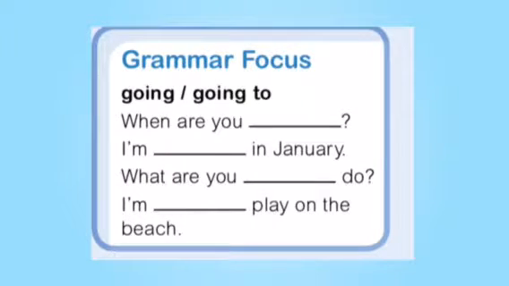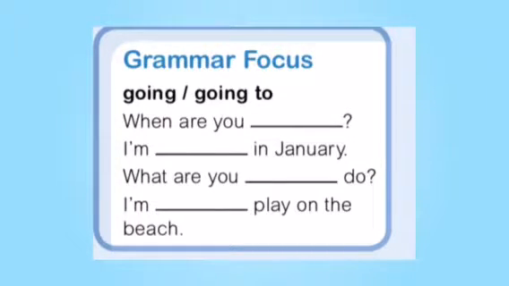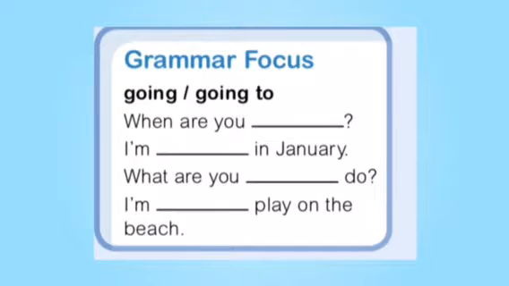I'm going in January. You cannot say I'm going to in January. It sounds wrong. You cannot put two prepositions together like that in this kind of sense. It doesn't sound right. So we're going to say I'm going in January.